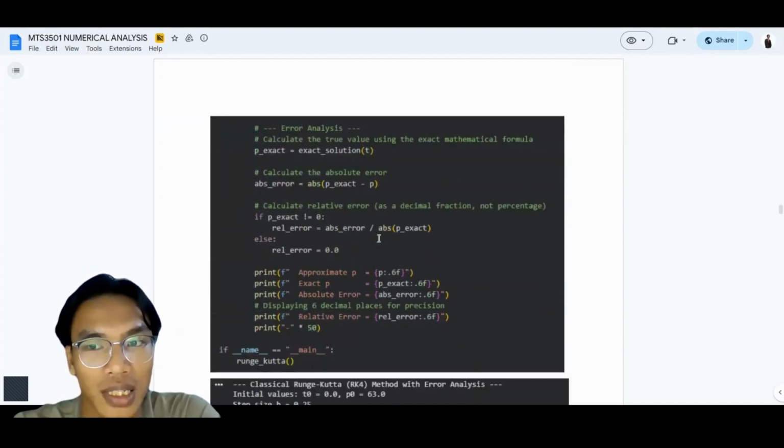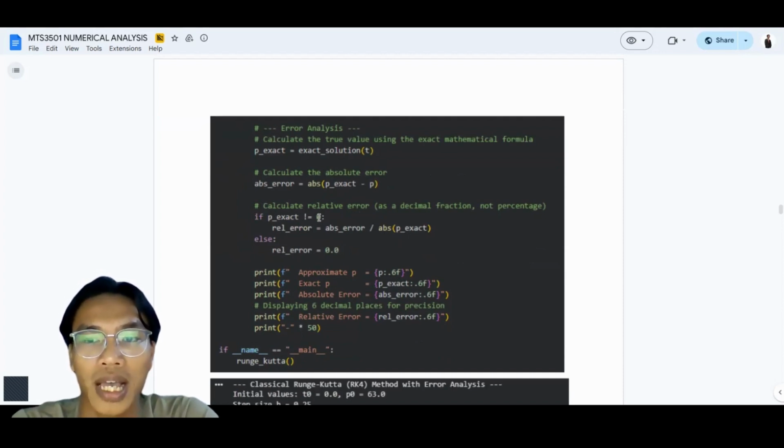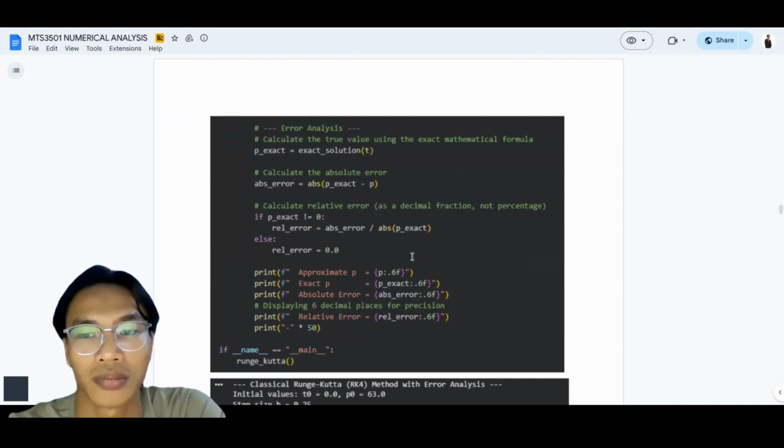Immediately after calculating the new p, we call the exact solution to find out what the value should mathematically be. We calculate the absolute error, which is simply the absolute difference between the exact value and our RK4 approximation. We calculate the relative error. This divides the error by the exact value, giving us a fraction that tells us how large the error is relative to the size of the number we are calculating.